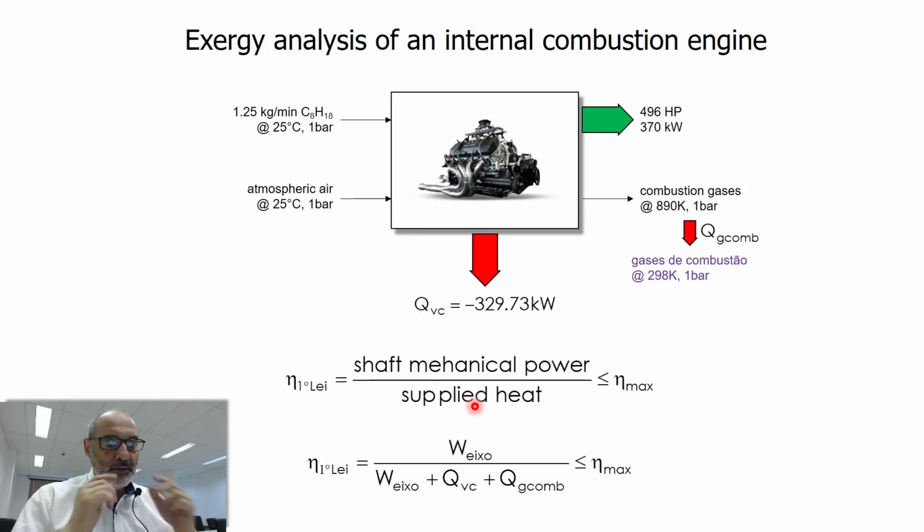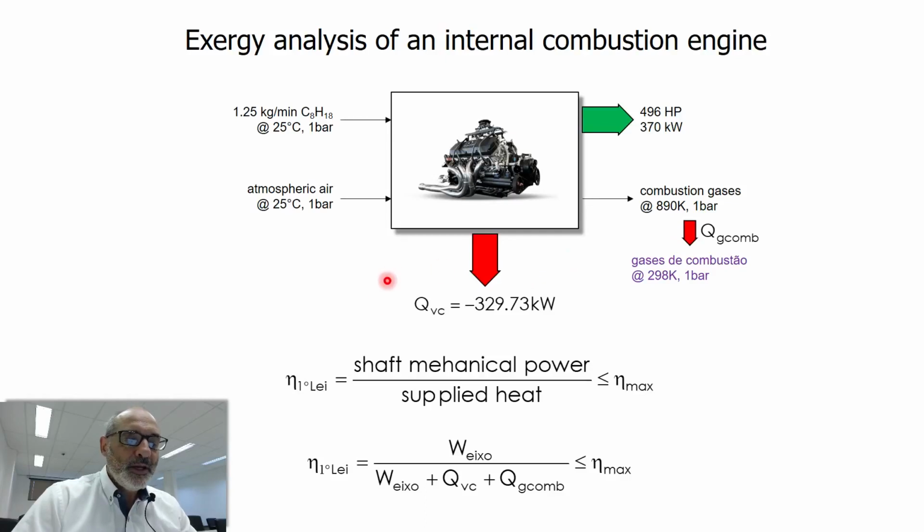So let's try to summarize the results that we have so far. This is our engine. It's producing 370 kilowatts. We are injecting 1.25 kilograms per minute, and it's using atmospheric air to produce combustion gases at 890 degrees.